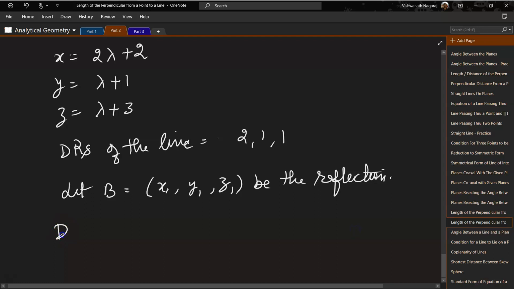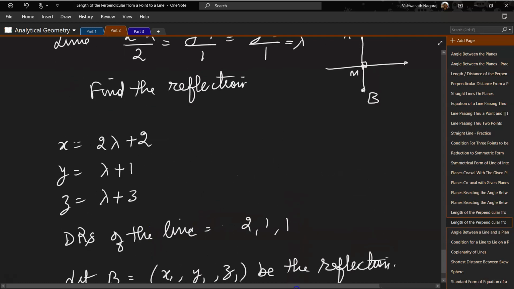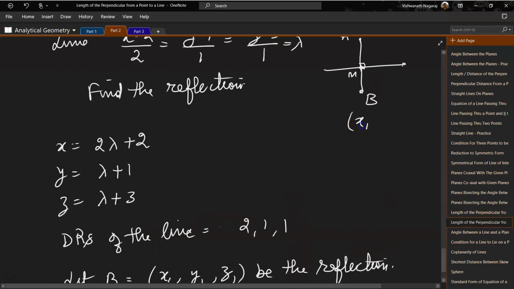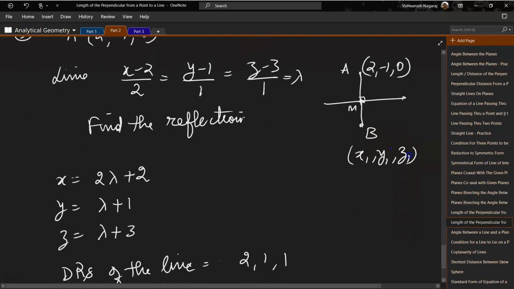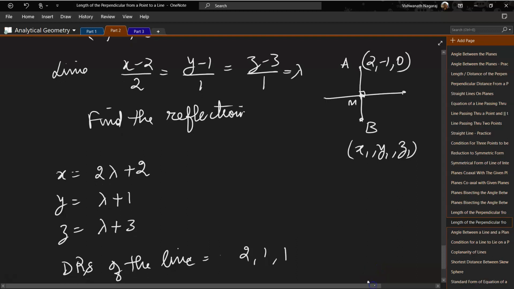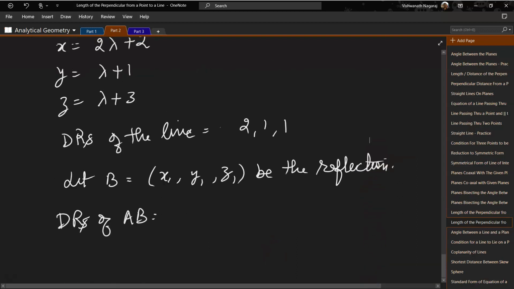Now the DRs of AB would be, remember, this is (x1, y1, z1) and this is (2, -1, 0). So the DRs would be x1 minus 2, y1 plus 1, and z1.